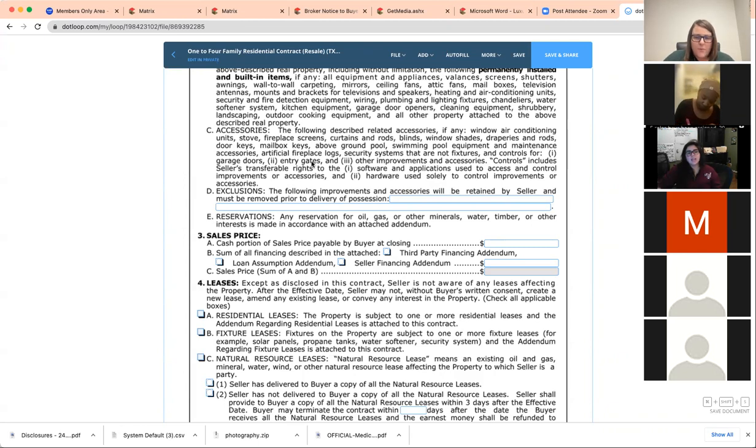Music, like the little Echos. Echos and the Alexas and the Google Homes, that is all considered a fixture if it controls something, like a Ring doorbell, Ring units that are placed throughout the house. Those would all now be fixtures, like the actual unit that controls it becomes a fixture, which it used to not be that way. So people would take the Ring or the Google Home or the Echo, and then the buyers have got these systems and can't use them without buying the piece for it.